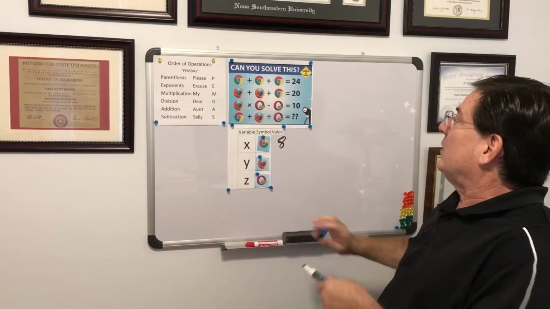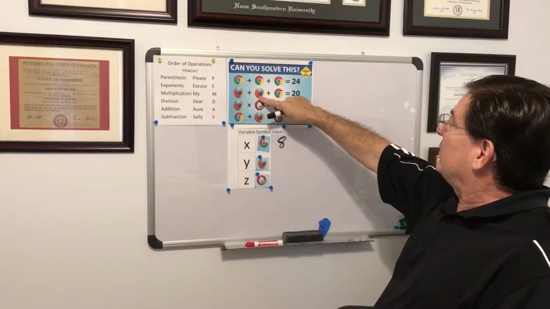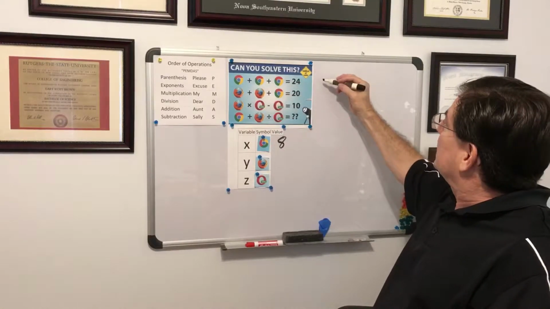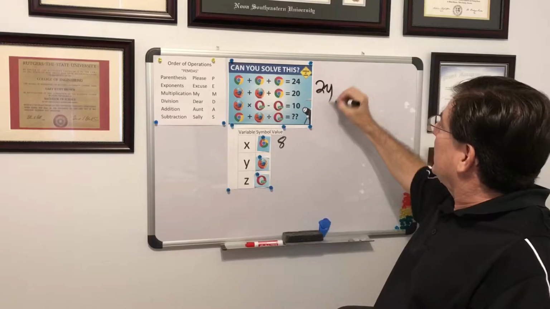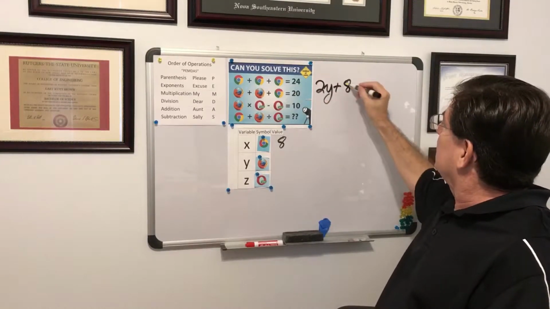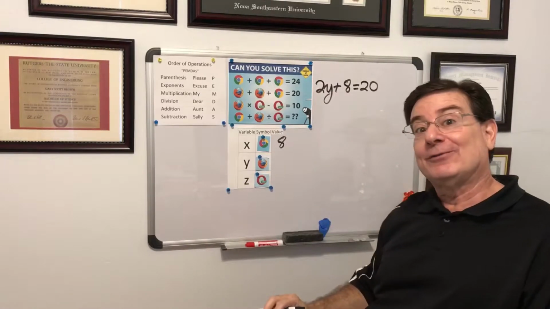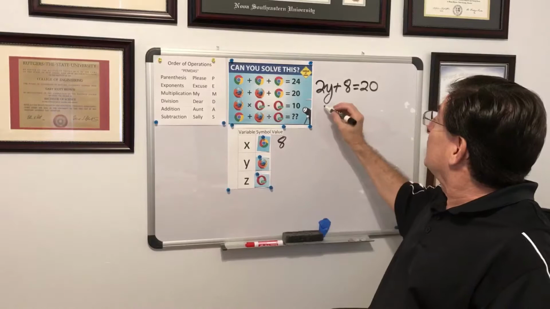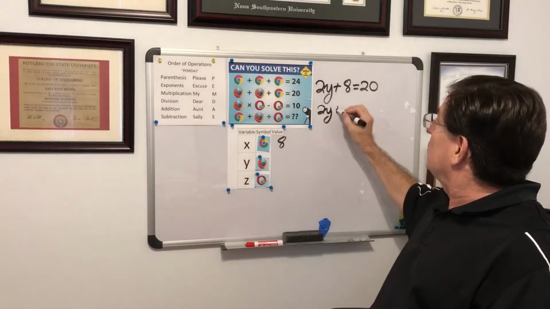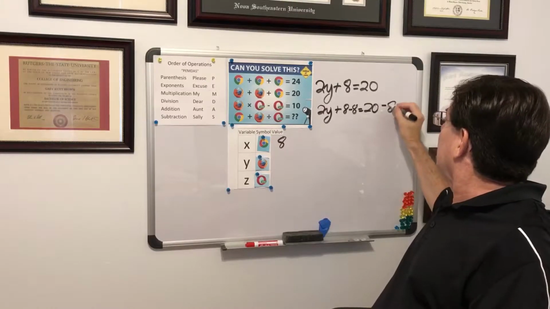And as we do that, we have 2 of the Firefox. So we could say that is 2y plus, and the value of Chrome is 8, equals the given of 20. Now we'll apply the additive inverse to both sides for that 8. So it becomes 2y plus 8 minus 8 equals 20 minus 8.